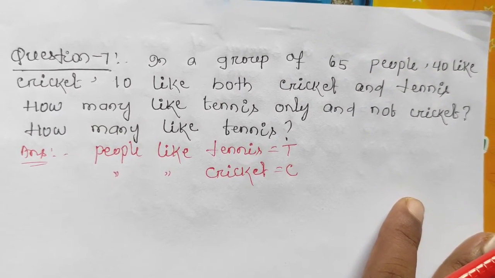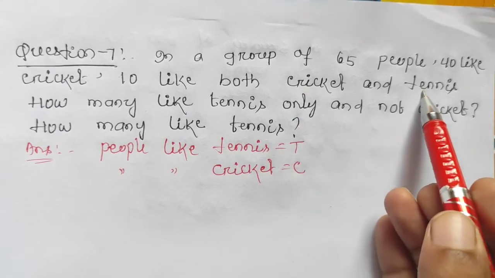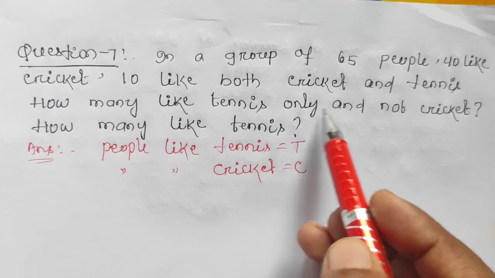In a group of 65 people, 40 like cricket, 10 like both cricket and tennis. How many like tennis only and not cricket?